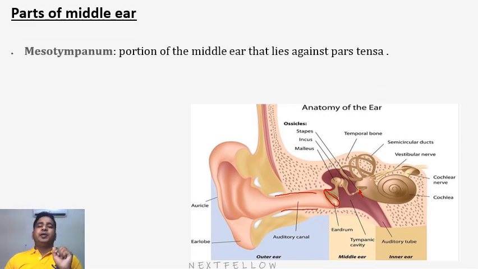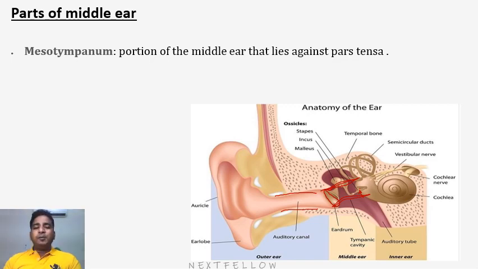What are the parts of the middle ear? It is divided into four parts. So first one is the epitympanum, that is above this level, above the level of the scutum, or we can say above the level of the tympanic membrane. So it is the attic area. Then comes the mesotympanum. That is the part of the middle ear opposite to the eardrum or the tympanic membrane.